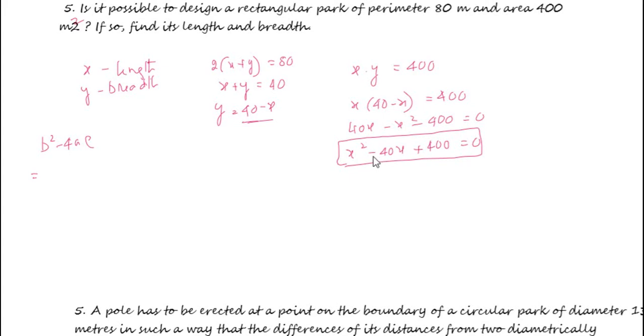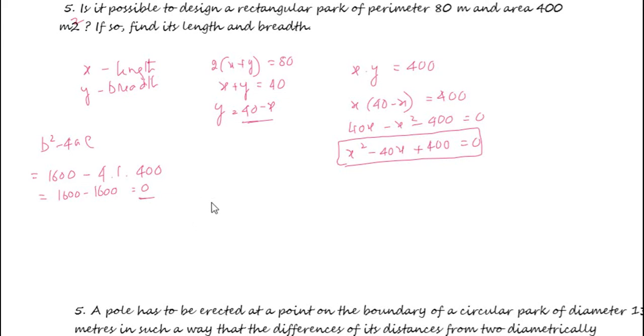B is equal to 40, so b square is 1600, minus 4 into a is 1, c is 400. So this is 1600 minus 1600 equal to 0. We have two real roots, and they are equal.